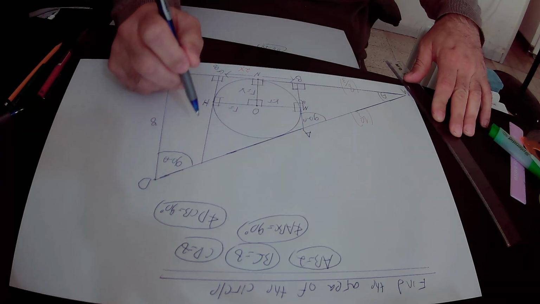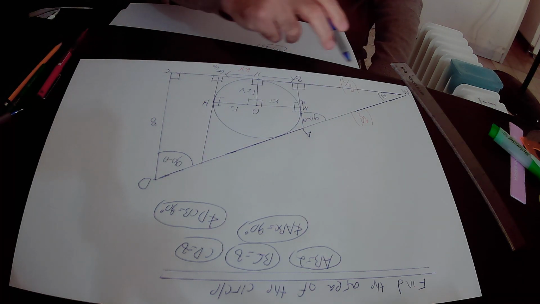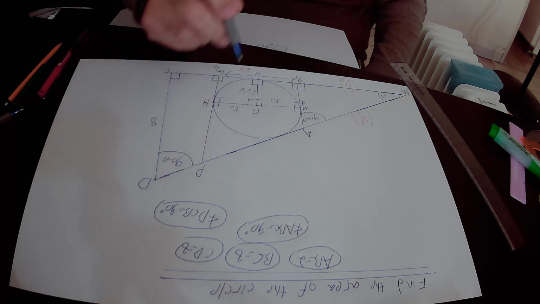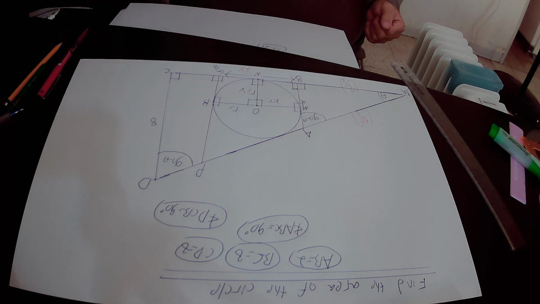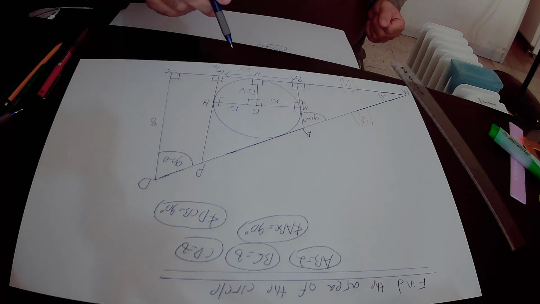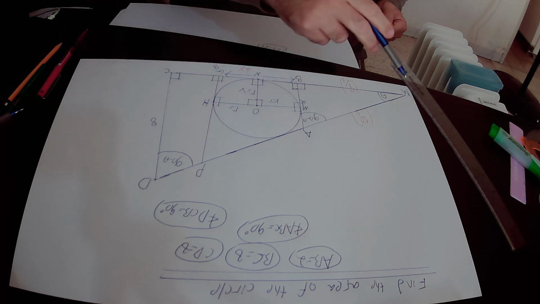And we define the touching point of the extended GH and MD as P. Here, we created a new right triangle PMG, the big new triangle PMG.